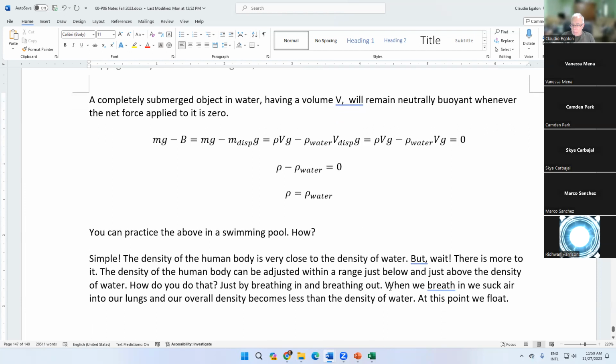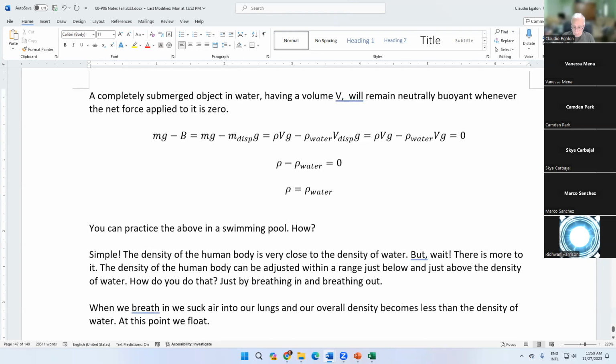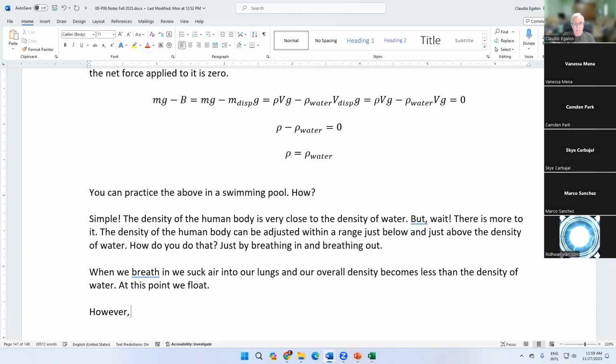However, when we breathe out, our overall density becomes greater than the density of water, and we sink.